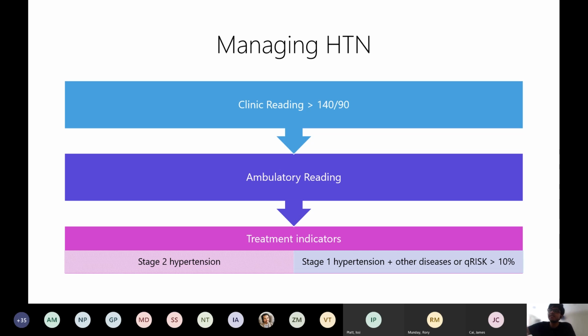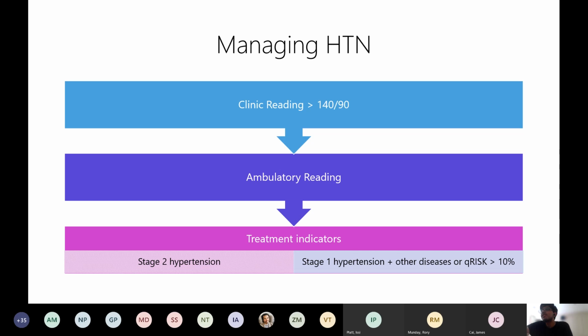And what is the cutoff for stage 2 hypertension? You always treat stage 2 hypertension. Any patient with stage 2 hypertension gets treatment. 150/90 is stage 2 hypertension, yes. And when do you treat stage 1 hypertension? This is the harder question.